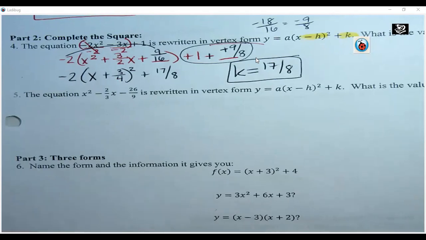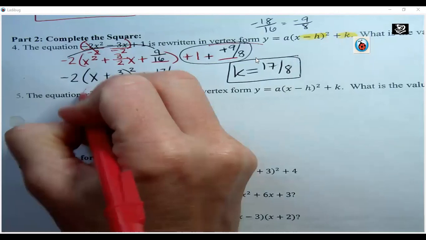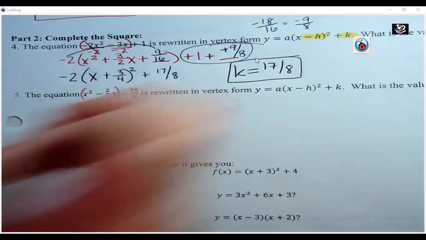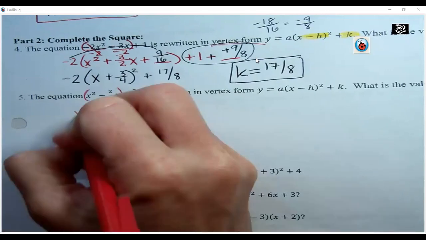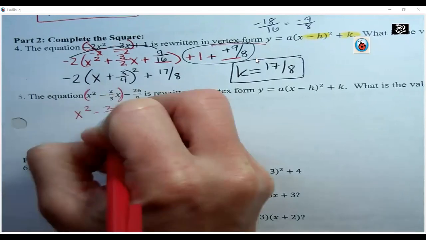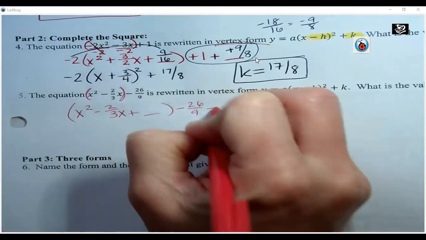You put it in parentheses. Good, which ones? x squared and negative 2 over 3x. Very good. There's nothing to divide, so I'm ready to do x squared minus 2/3 x plus a blank minus 26 over 9 minus blank.